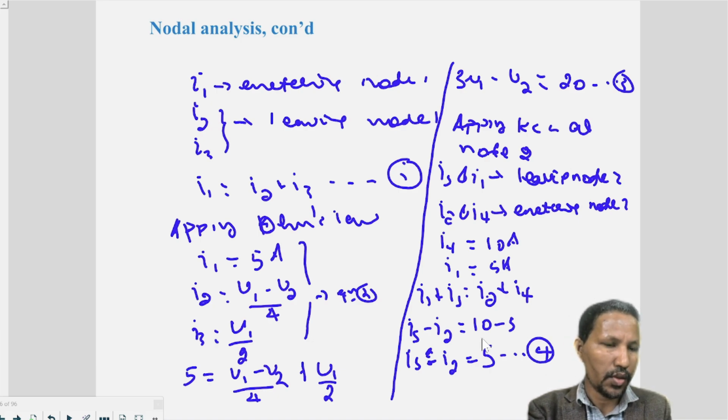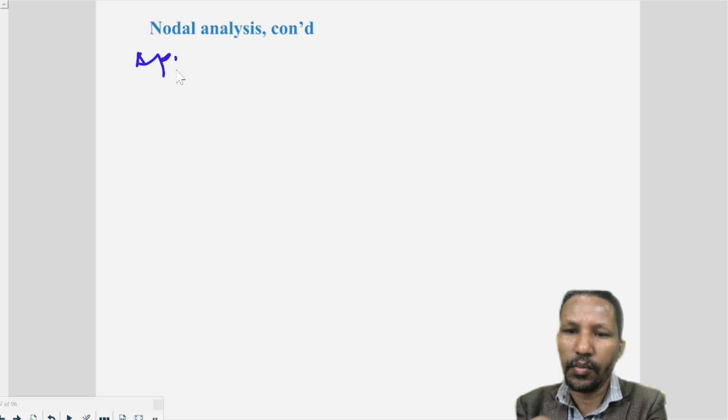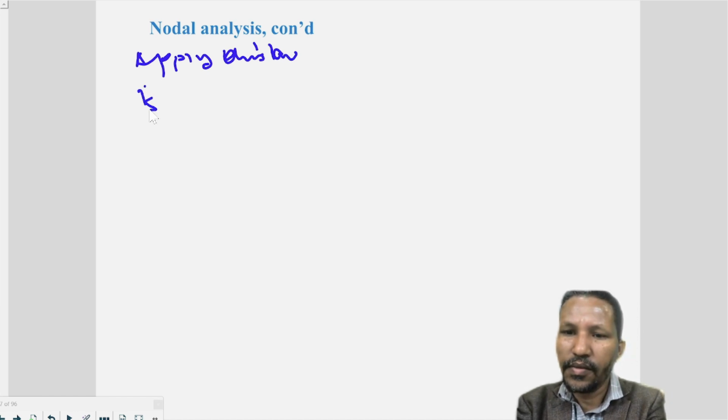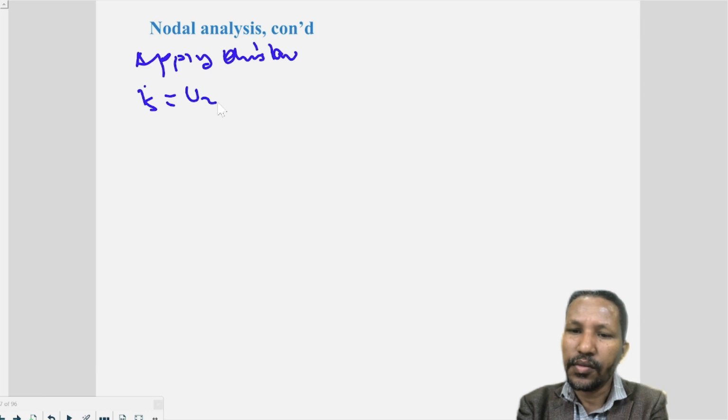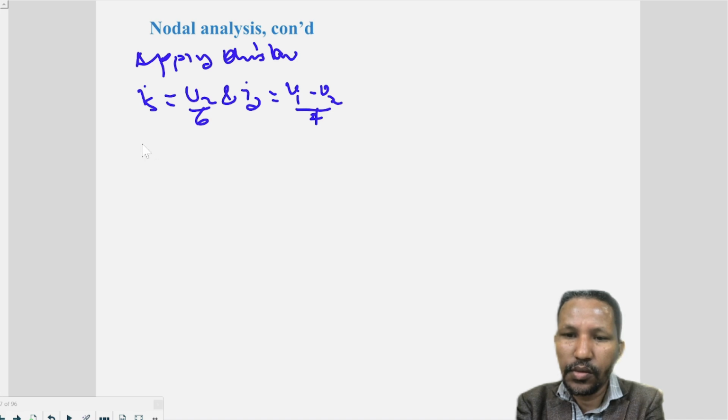Using equation 4, let's apply Ohm's law. I5 equals V2 over 6 ohm, and I2 equals (V1 minus V2) over 4. This is equation 5.